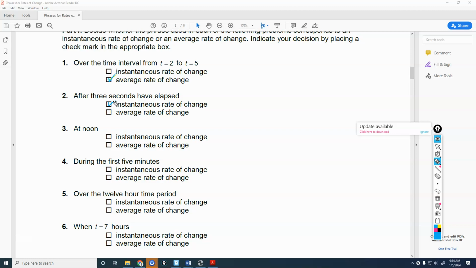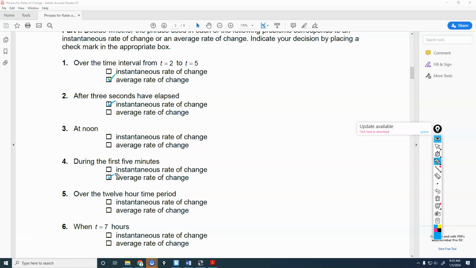Kind of gives away number 4, but a different way that you could say the same thing is number 4 is during the first 5 minutes. So it's not after it's done, which is a time point, right? It is a time period. So during the first 5 minutes, that's going to be average rate of change. Really tiny slight wording changes can make your answer incorrect for this.